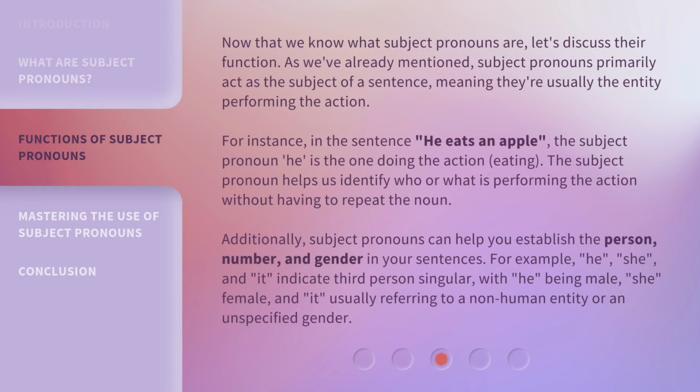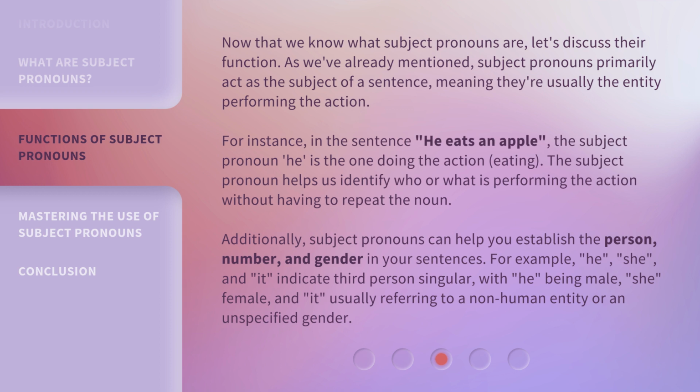Now that we know what subject pronouns are, let's discuss their function. As we've already mentioned, subject pronouns primarily act as the subject of a sentence, meaning they're usually the entity performing the action. For instance, in the sentence, "He eats an apple," the subject pronoun, he, is the one doing the action, eating. The subject pronoun helps us identify who or what is performing the action without having to repeat the noun.